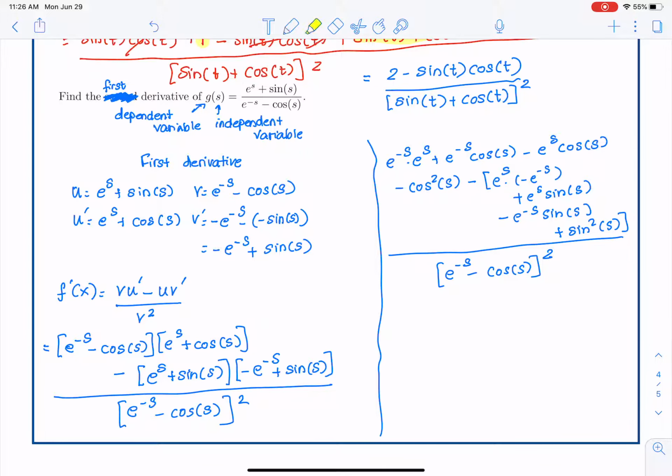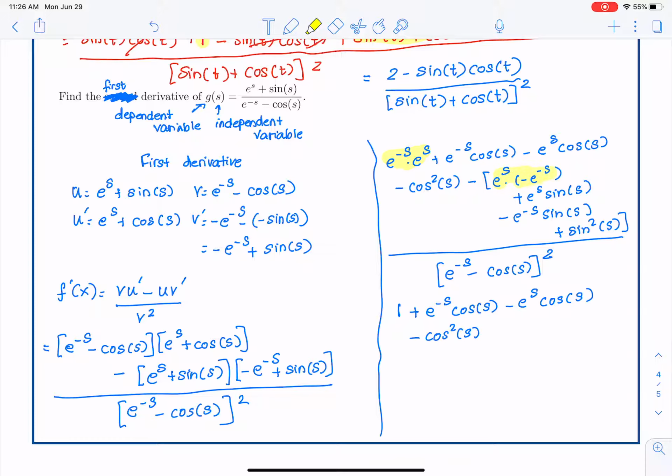The first term is going to reduce to 1, plus e raised negative s cosine s minus e raised positive s cosine s minus cosine squared s. Distribute the negative.